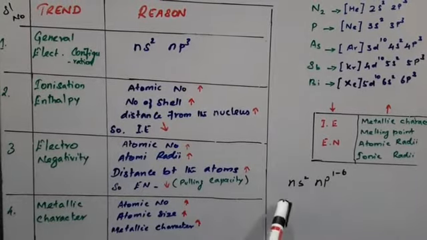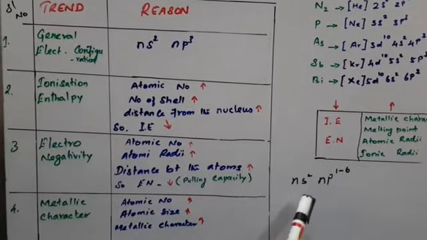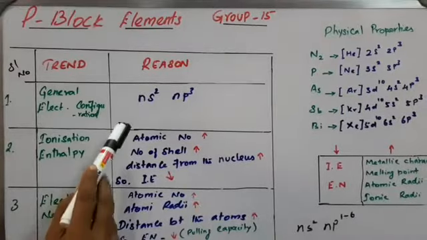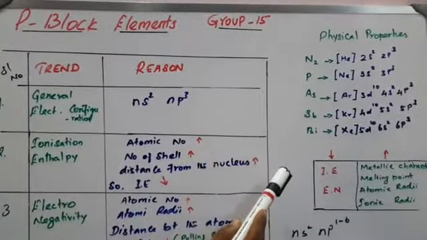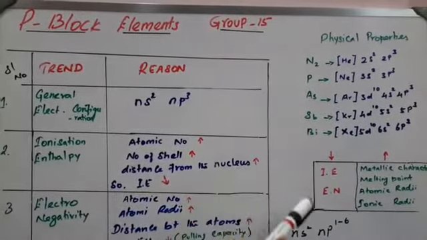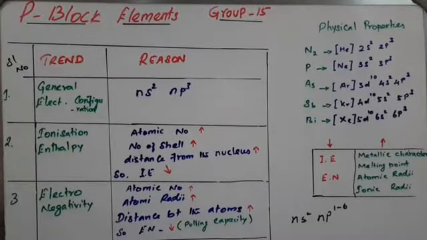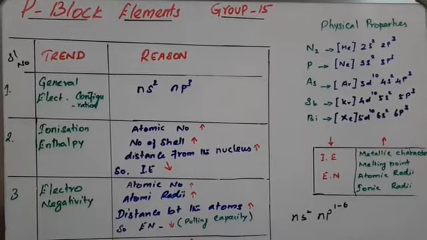You studied in your 11th standard that the boron family is ns2 np1 and the carbon family ns2 np2. Here we start with ns2 np3 because this is the nitrogen family, then oxygen, then halogen family, after that inert gas, group 18.